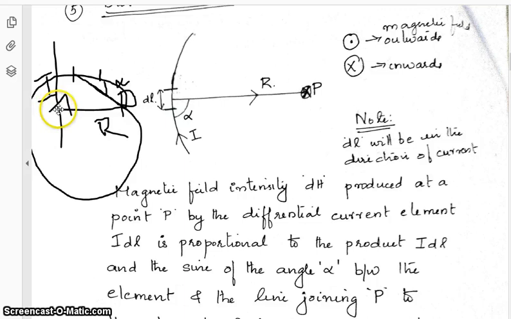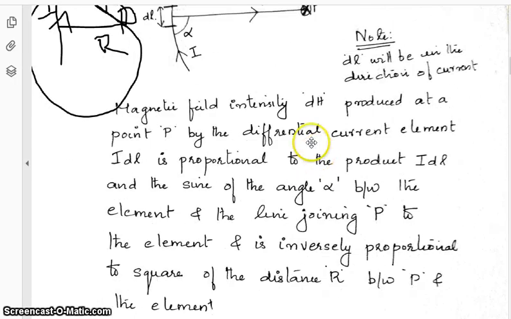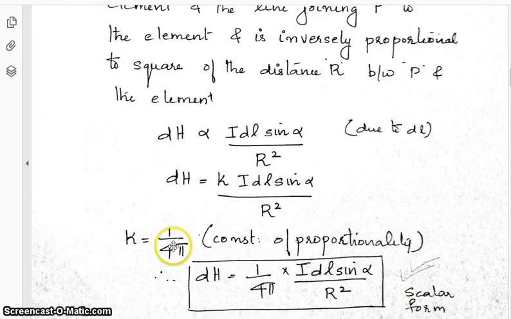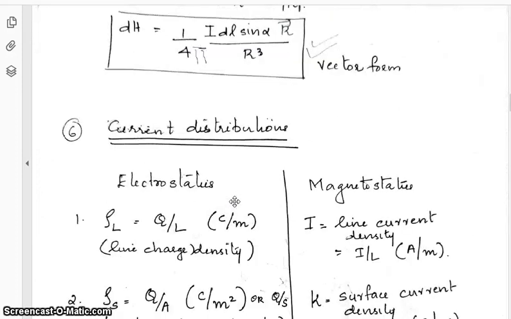R is the distance from this conductor to point P. And if I am taking a small length along the circumference of the circle, and drawing a line from that small length to point P, that line will be making an angle with the circle, and that is alpha. These are the terms used in Biot-Savart's law. So learn this statement by heart and write down this expression.